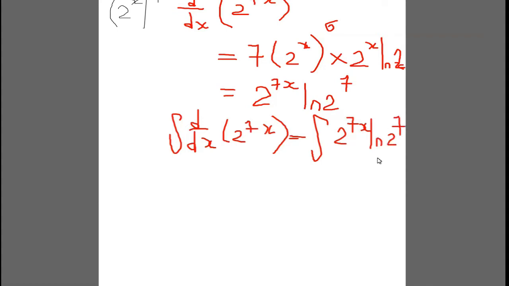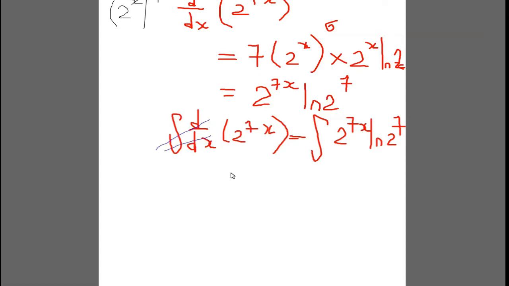All right. So if you want to know what the integral of 2 to the 7x is, now integration and differentiation are reverse processes of each other. So integrating the derivative, they cancel each other.